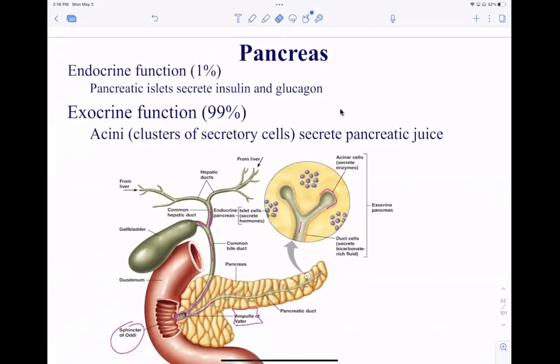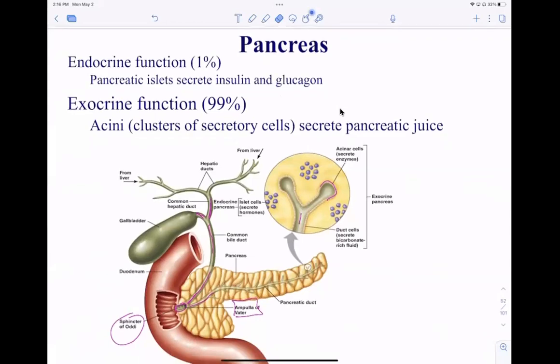Okay, the pancreas. So only 1% is the pancreatic islets that are producing insulin and glucagon, and those are hormones. And we've gone through those. So insulin is a hormone that promotes glucose storage or delivery into cells.